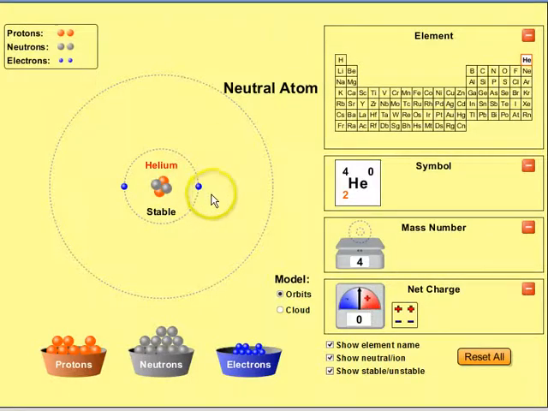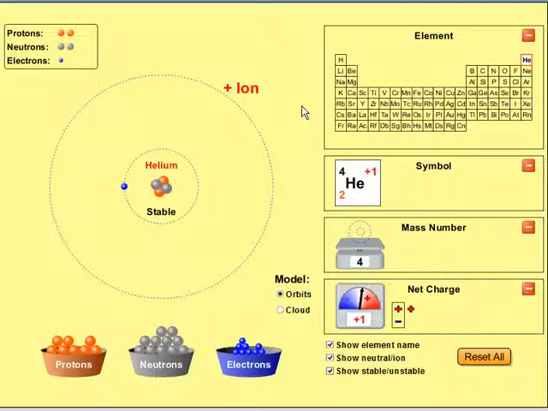Excellent. Now, if I remove 1 electron from this, I've got a positive ion. This is a singly charged helium cation, but the K orbital is partially incomplete. So this is not very stable. Whereas if I remove the second electron as well, here I have a helium +2 ion.